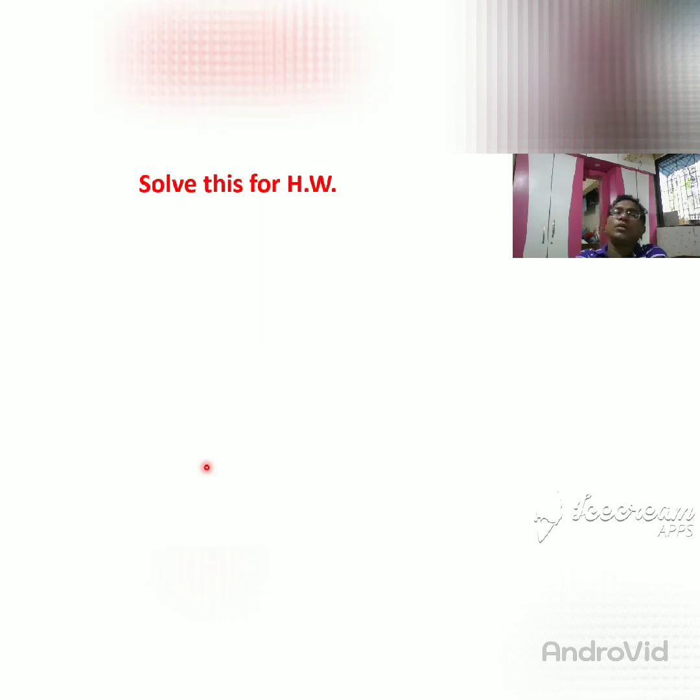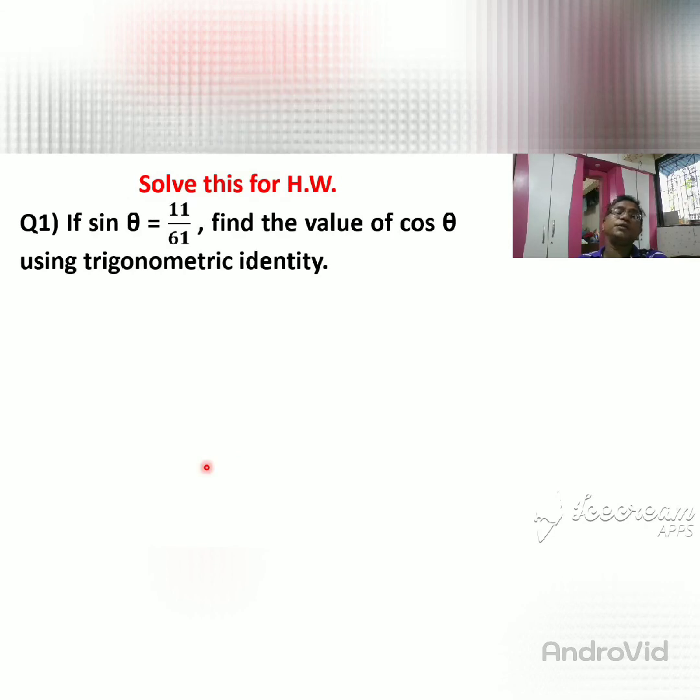So I have solved problem numbers 1, 2, 3 and the basic things required to understand. Then I am giving you only one example to solve, to see whether you understand or not. Here it is mentioned to use a trigonometry identity.